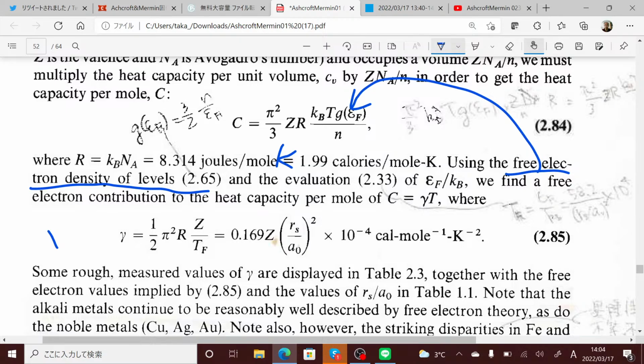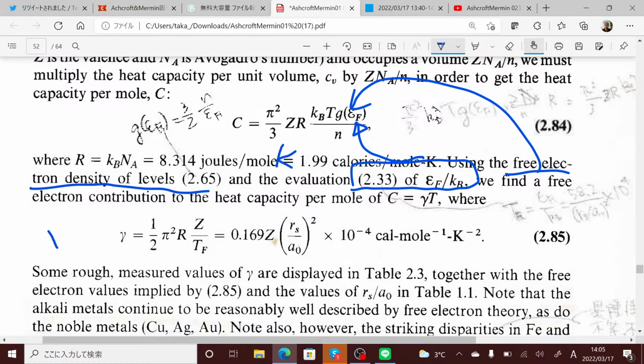So we have this value in 2.33. From this we put the EF value here, I think. Then we find a free electron contribution to the heat capacity per mole.